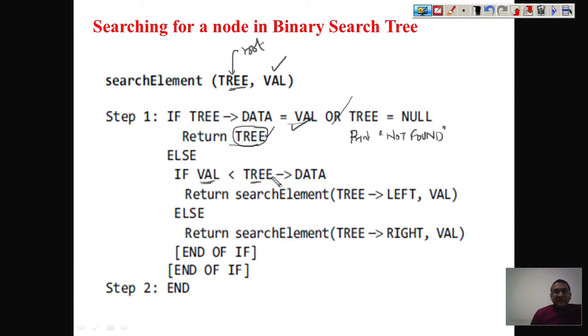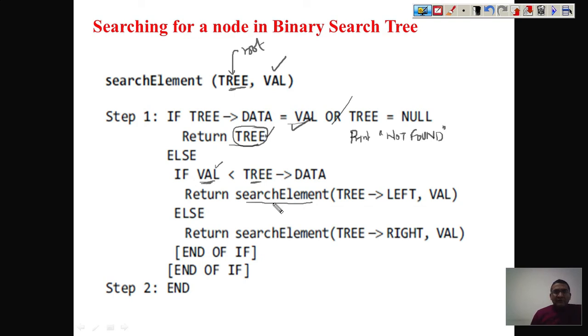If the value is less, that means you need to move to the left subtree, because we know in the binary search tree all the values lesser than the root node exist in the left subtree, and all the values more than the root node exist in the right subtree. So if the value which you are searching is less than the root node value, then you have to search in the left subtree. So what we are doing, we return search element of tree left, value.